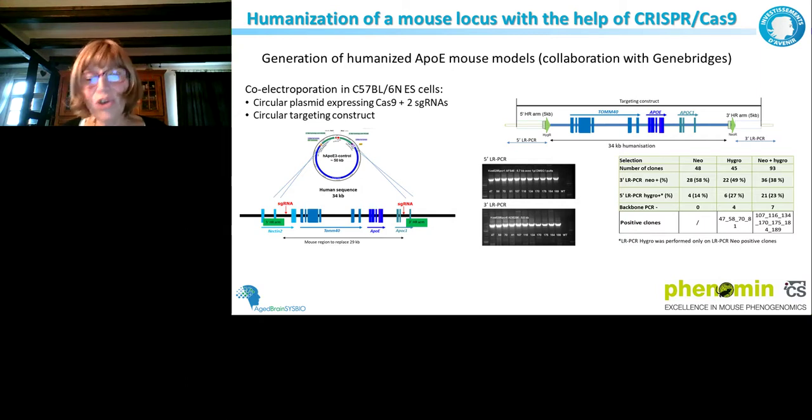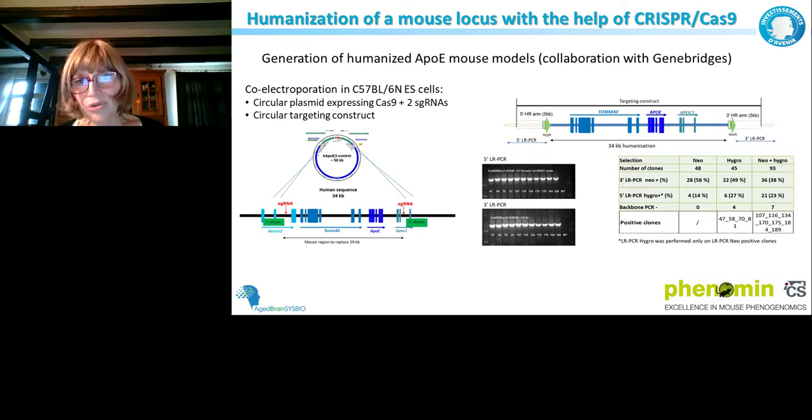And when we performed the electroporation, that's what we obtained. We really obtained a lot of positive clones doing long-range PCR both on 5' and 3'. This means that homologous recombination worked well. And that actually also worked well if we used only a selection pressure, because in the targeting construct, we had 2 selection markers, one hygro selection marker for the 5' insertion, and one neo selection marker for the 3' recombination.